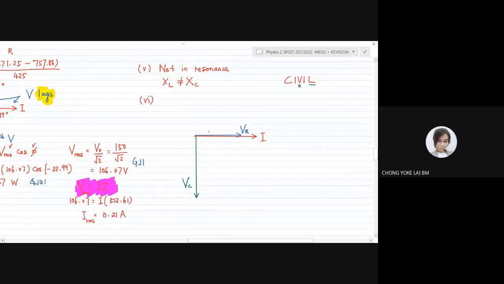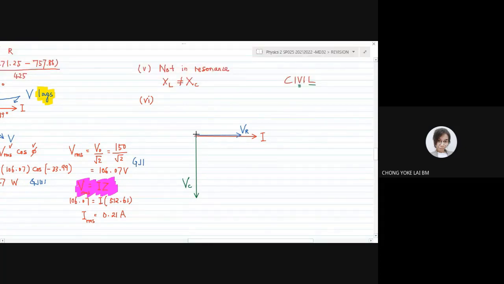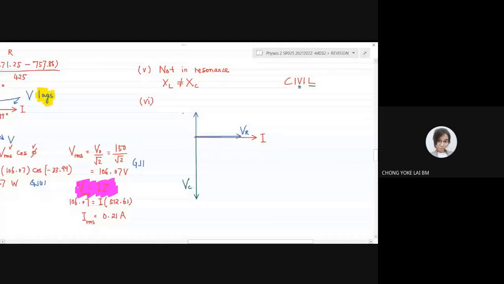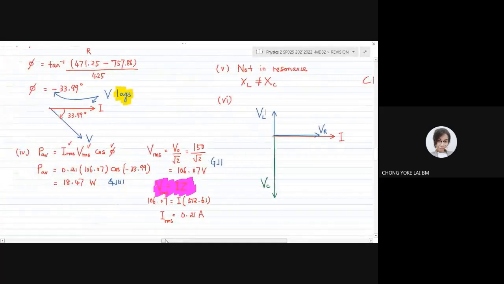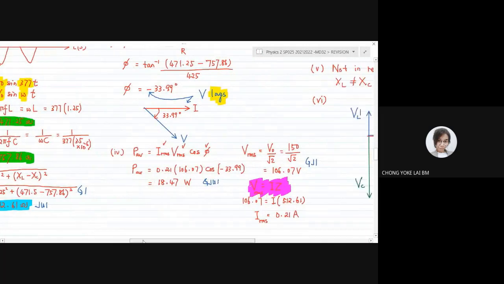Voltage leads current. So yang duduk depan mesti duduk atas. So kita ada phase untuk voltage inductor dekat atas, tapi nilai dia kecil. VL you kecil. Why? Because nilai XL you kecil. Tengok, XL lebih kecil dari XC.